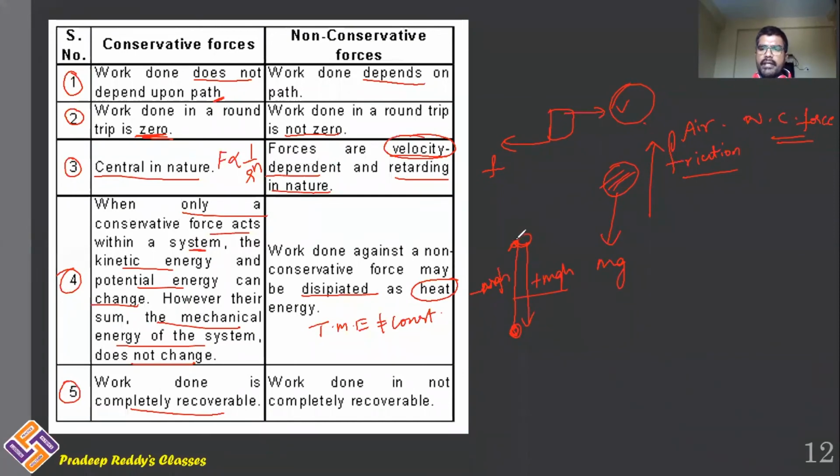Whatever work is done in the upward direction, the same work is recovered when the ball is coming down. Therefore, work done by a conservative force is recoverable. But work done by a non-conservative force is non-recoverable, because some energy is lost in the form of heat, and you cannot gather that heat energy again. So these are the comparisons between conservative and non-conservative forces.